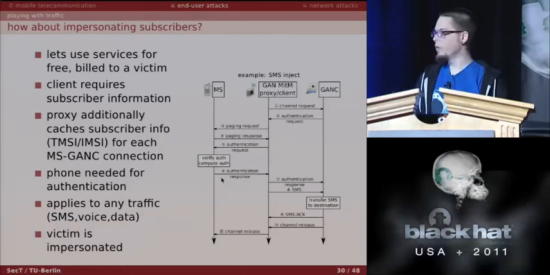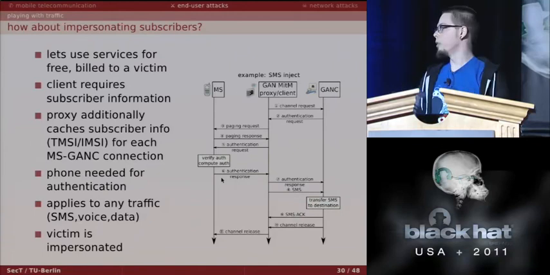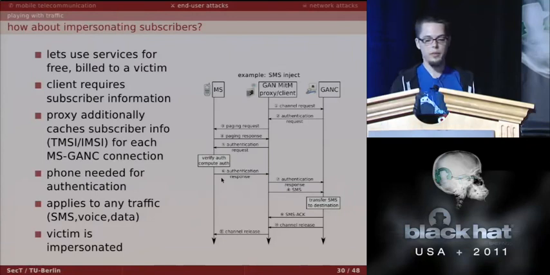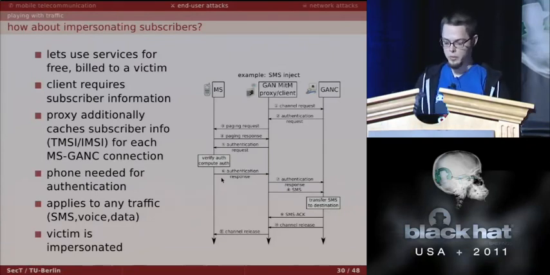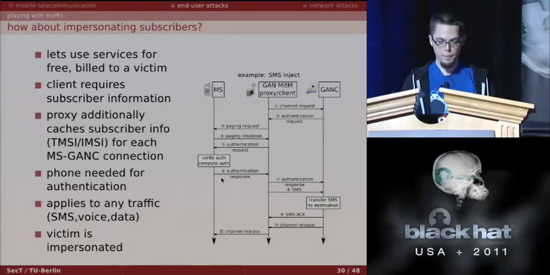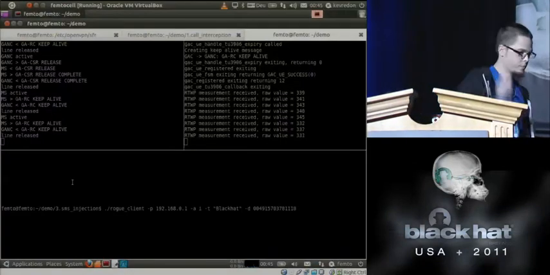So after this is done, basically we can fully impersonate the victim already. So in this case of impersonating via an SMS, the attacking client just continues to push an SMS message into the network. Yeah, I think we have a demo for that as well, and hopefully it works this time.